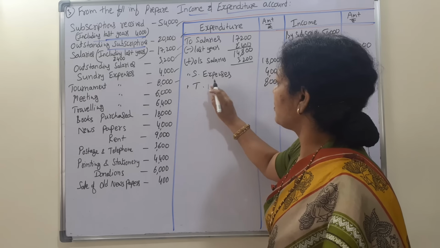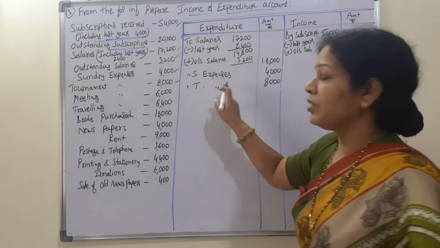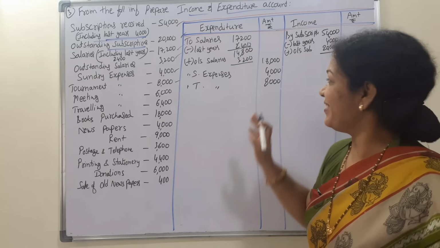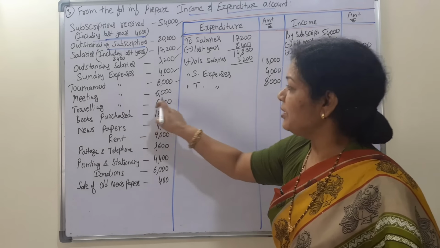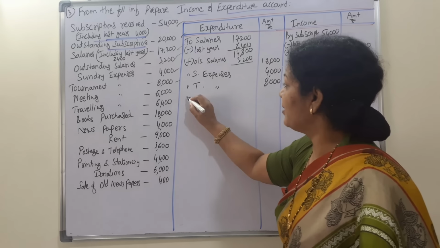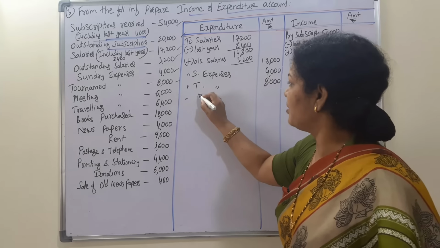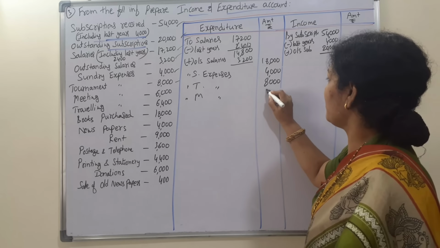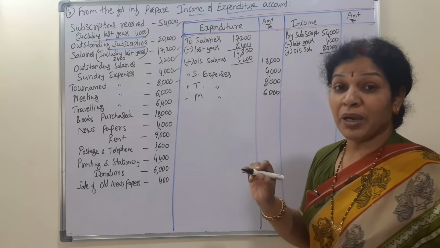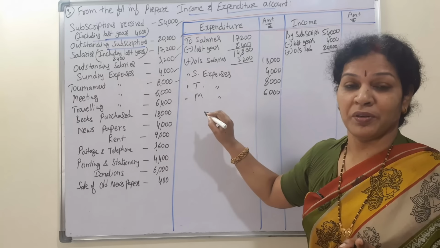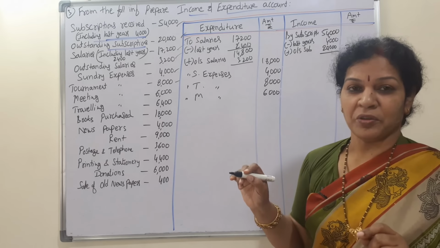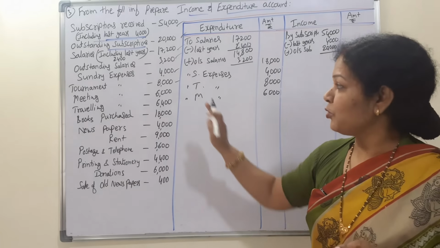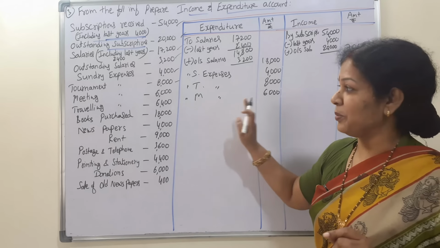Next, meeting expenses on the debit side, 6,000. By the way, in the exam you have to write it in full. I am using short forms because my hand is paining.